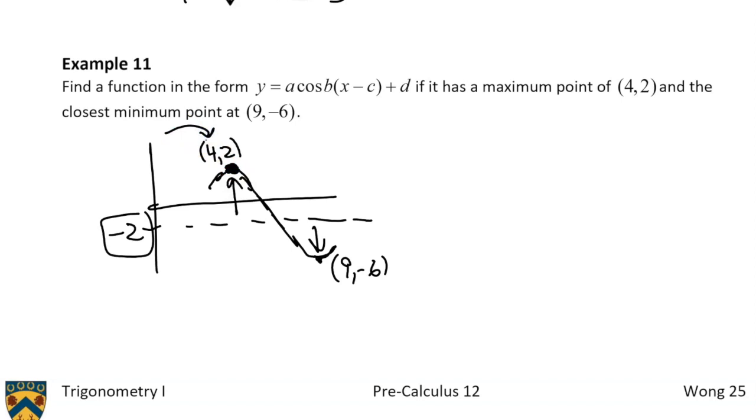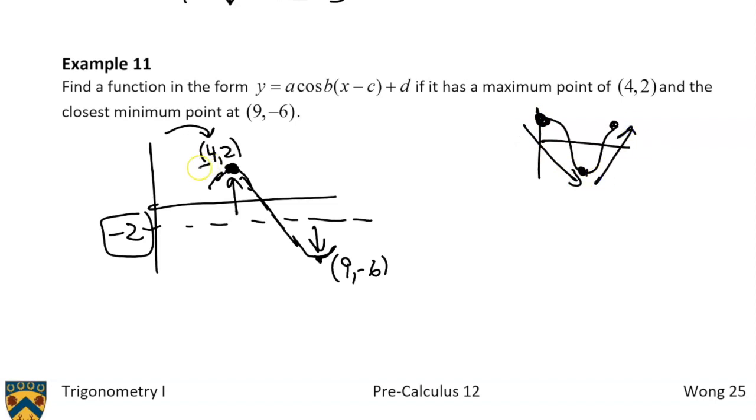And the final thing we need to figure out is what our period is going to be for something like this. So remember, when you graph a cosine function, going from the maximum to the minimum is half of the period.